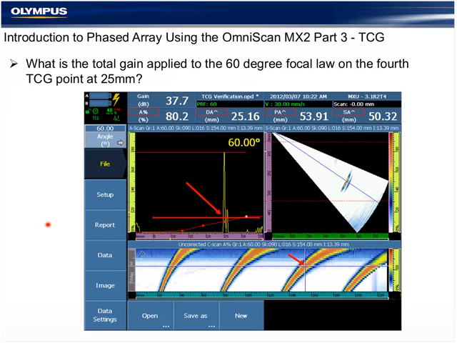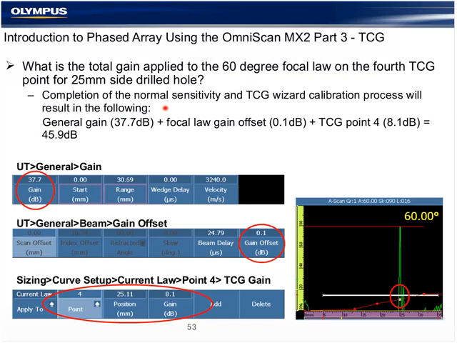So for the 60-degree focal law on the fourth TCG point pictured below, what is the total gain applied to make this 80%? Through our wizard steps, we first set the general gain and completed our sensitivity calibration, which is basically just a one-point TCG.